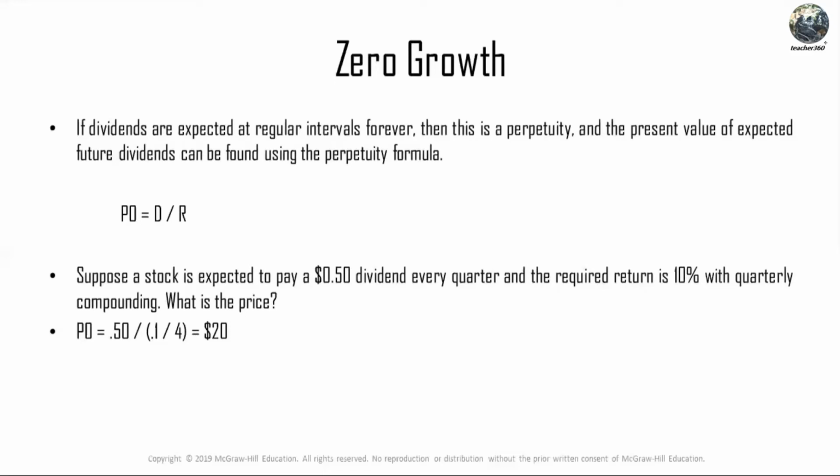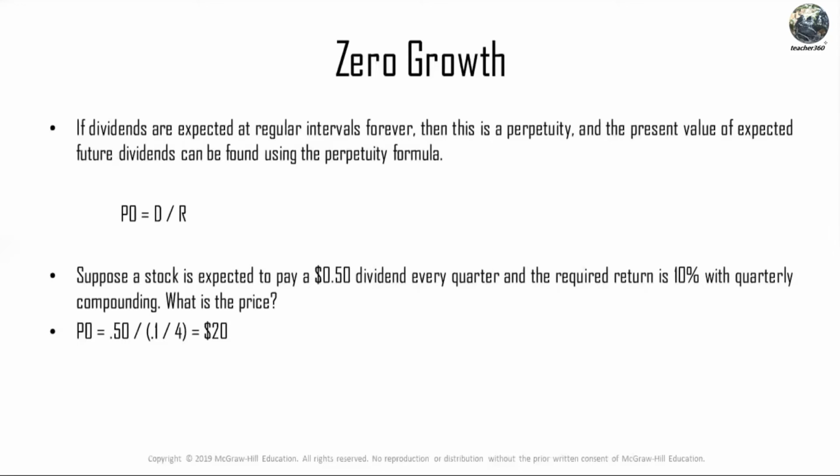There is no growth of the dividend payment. If a company pays a $2 dividend in year one, it will continue to pay $2 every year. So there is no growth of the dividend in the zero growth rate model.